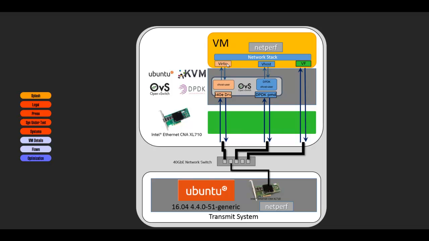And then lastly, we have the more traditional paravirtualized VirtIO driver that is backed within OVS by a vhost-user device, and the traffic for that comes in off of the other NIC, just using the standard i40e driver. So in this case, it's running with a regular interrupt.